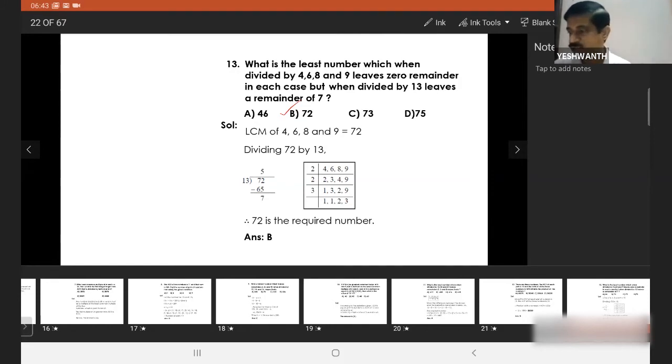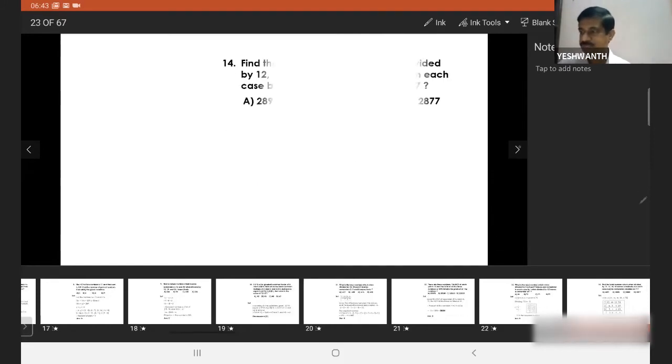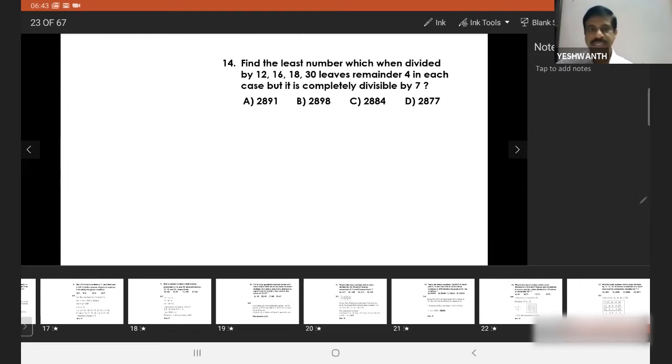Okay, children, let us go to the next question. Find the least number which, when divided by 12, 16, 18, and 30, leaves remainder 4, but is completely divisible by 7. Again, the same type of problem.